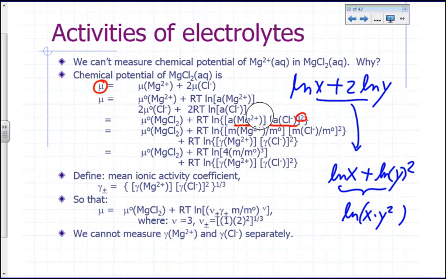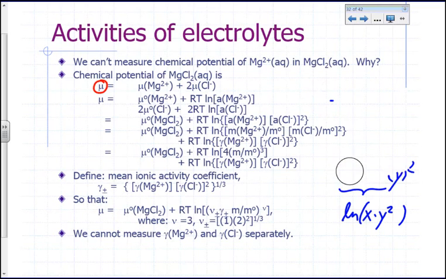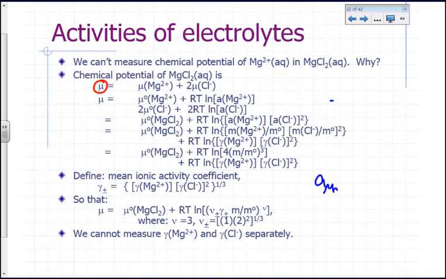Once you have that, you can then say that the activity of magnesium would just be equal to the molality of magnesium ion over m naught, where m naught is 1 molal, because activity has to be a unitless quantity, and the activity of chloride would be the molality of chloride divided by m naught.